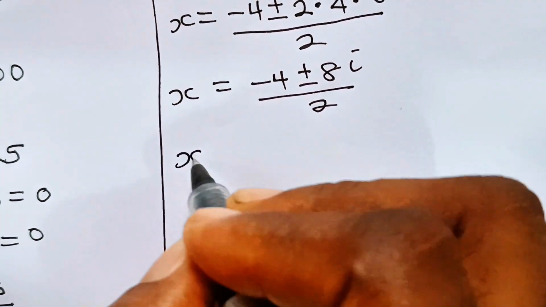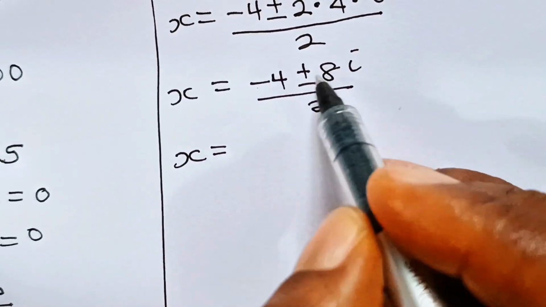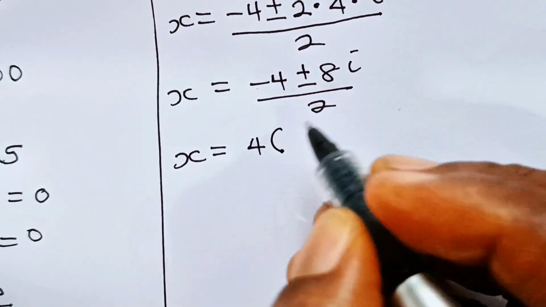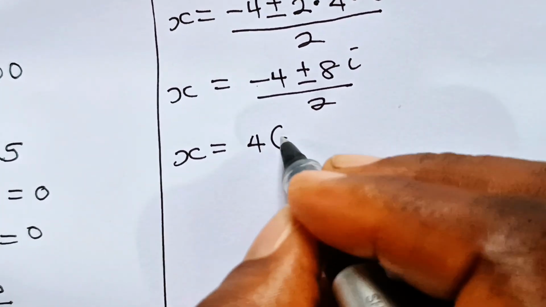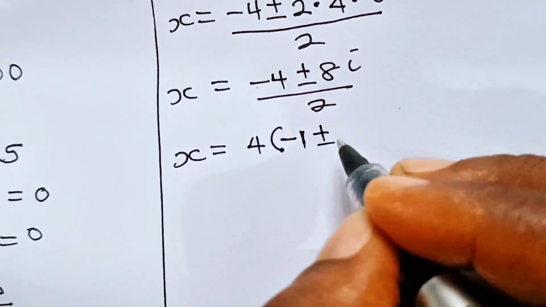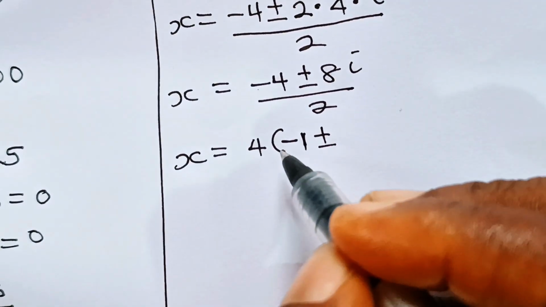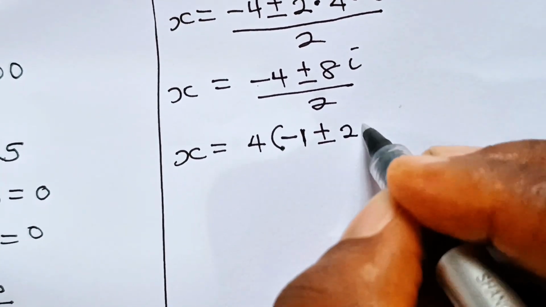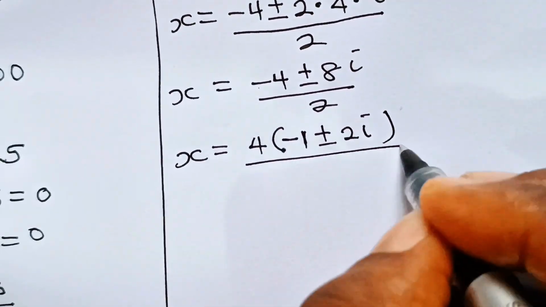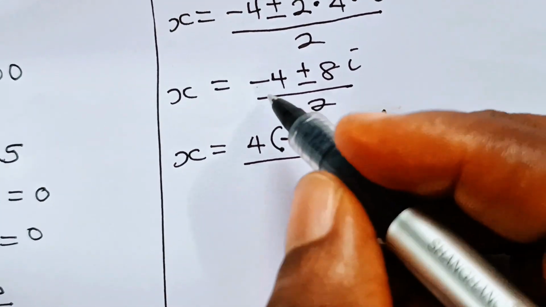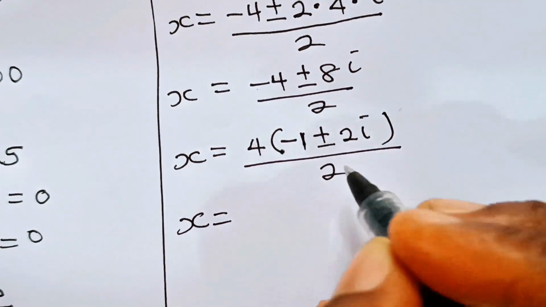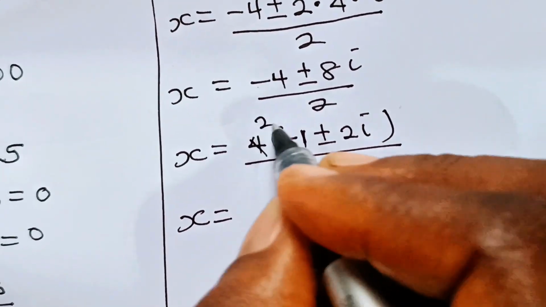Okay, so x is equal to, we can factorize 4 out. Minus 4 divided by 4 is minus 1, plus or minus 8i divided by 4 is 2i, everything divided by 2. So we have x is equal to 2, we divide this to give us 2.